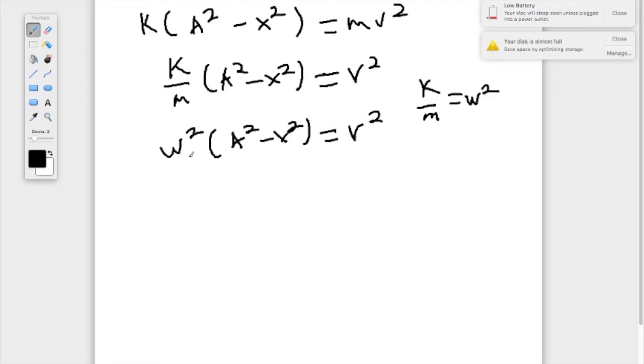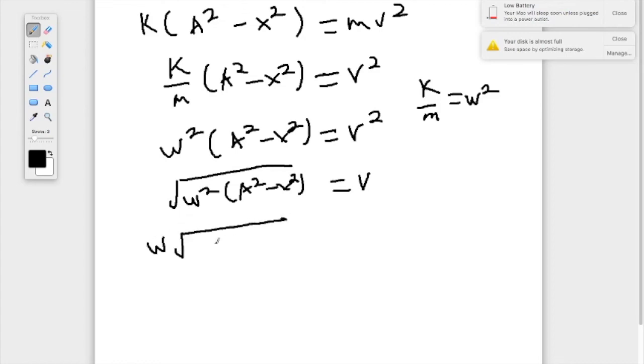Now we just have to take the square root. We can take the angular frequency outside the radical, so we get the square root of A squared minus x squared in here, and then that just equals the velocity.